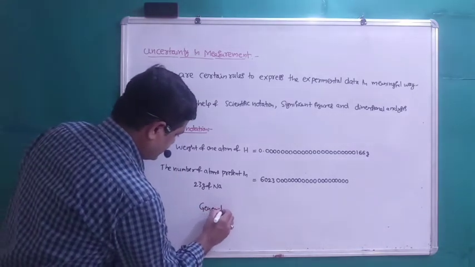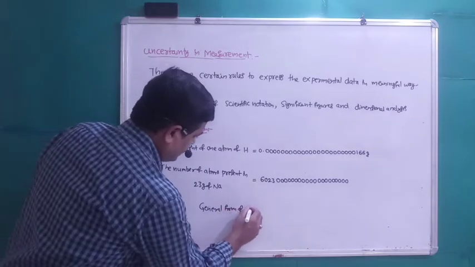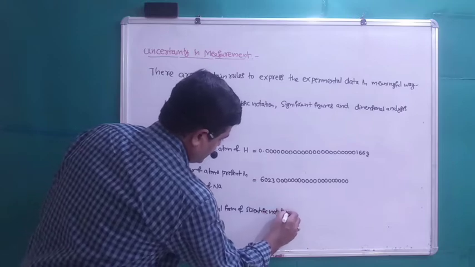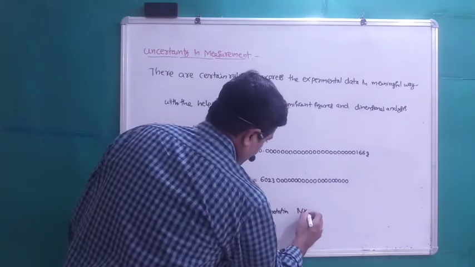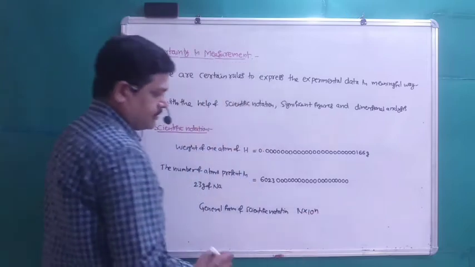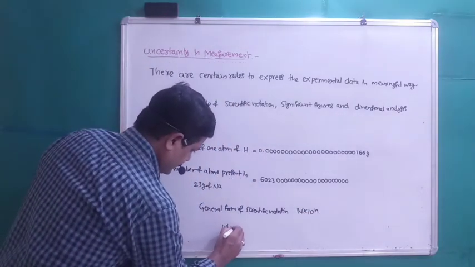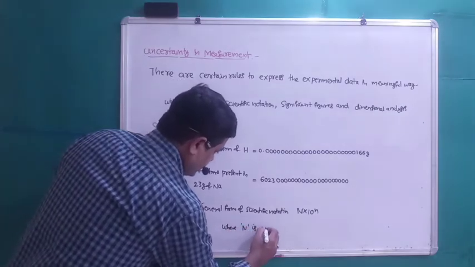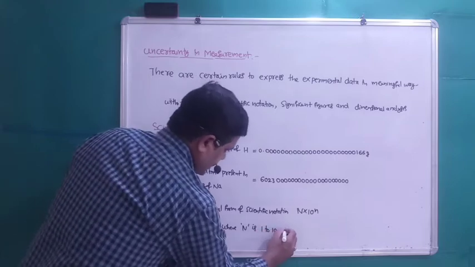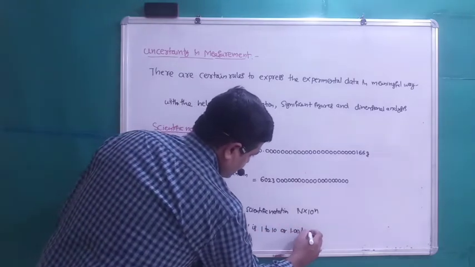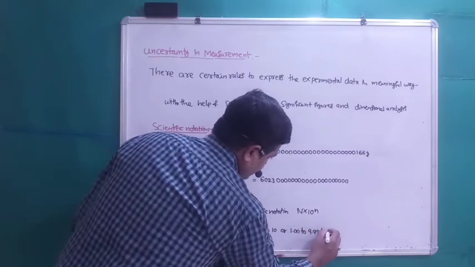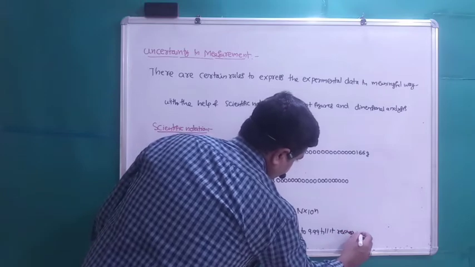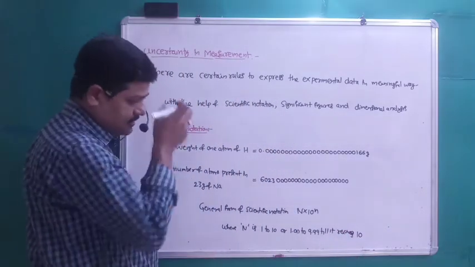The general form of scientific notation is N multiplied by 10 power n, where the capital N is from 1 to 10, that is, from 1.002 up to 9.99 until it reaches 10.